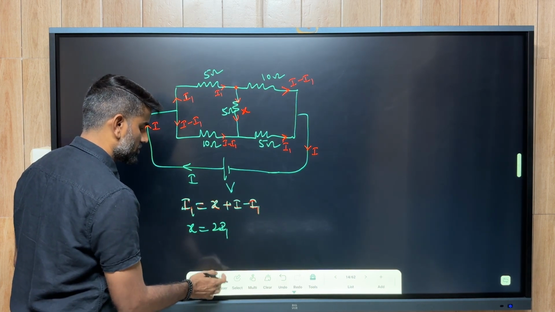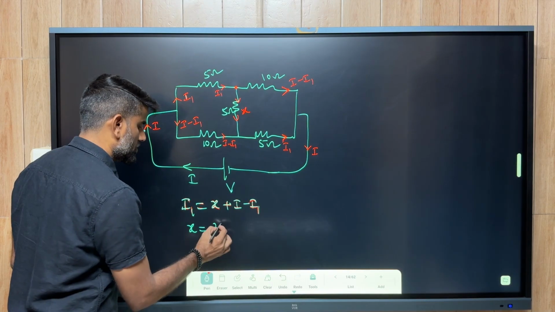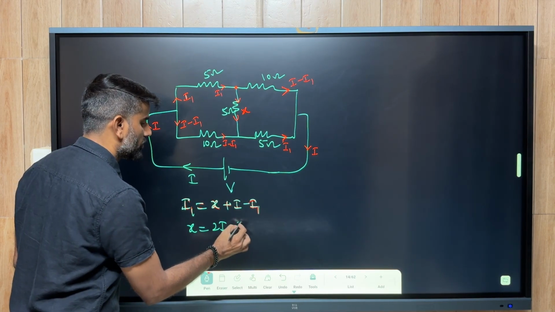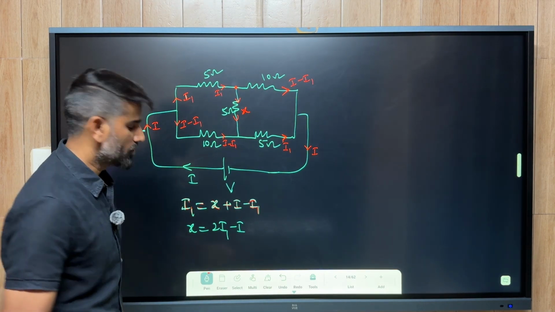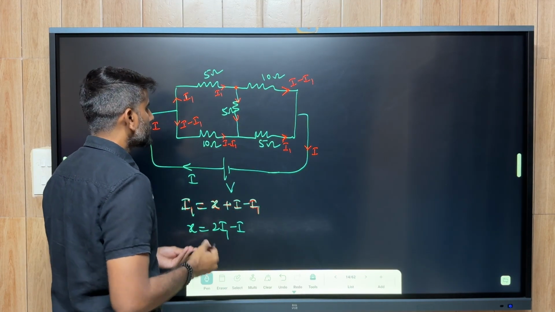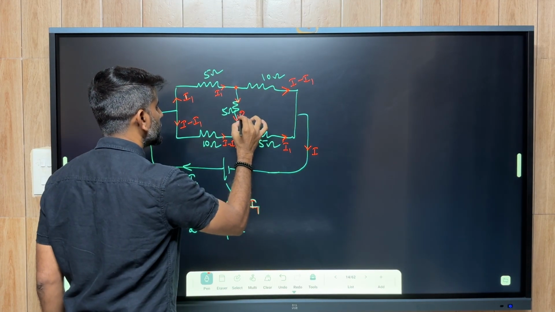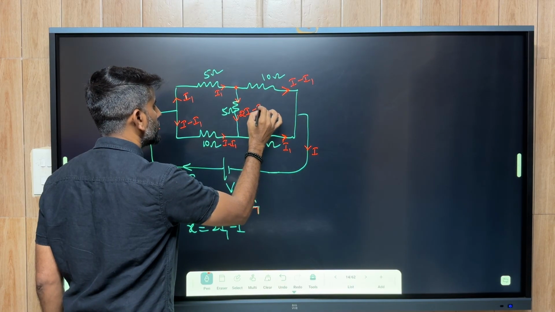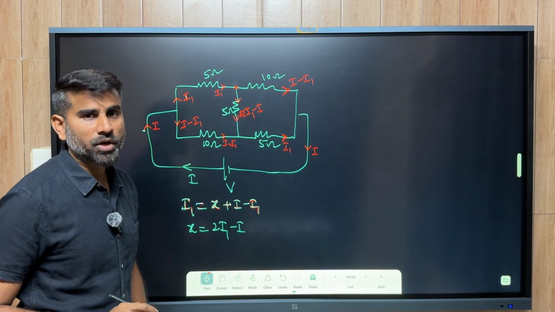I'll be getting 2I1 minus I. So here the current is 2I1 minus I.